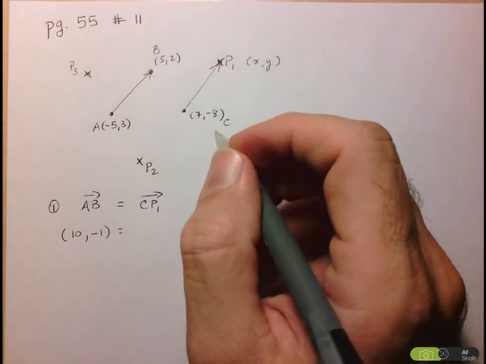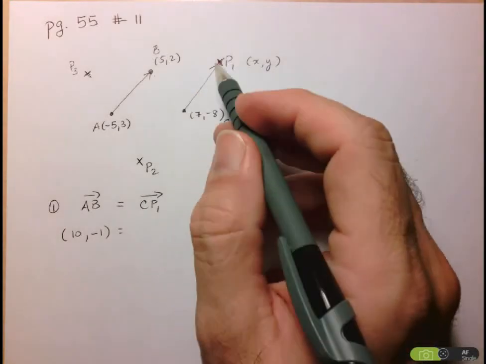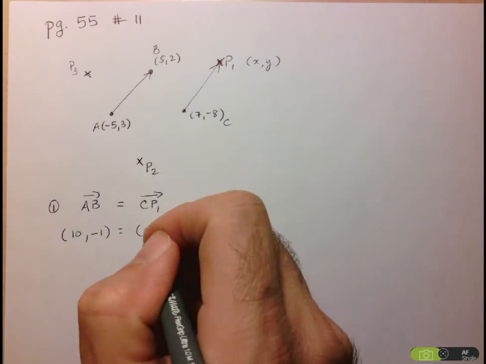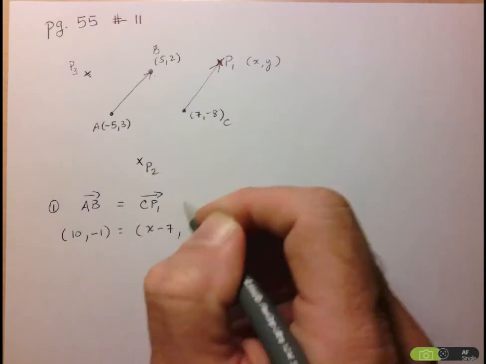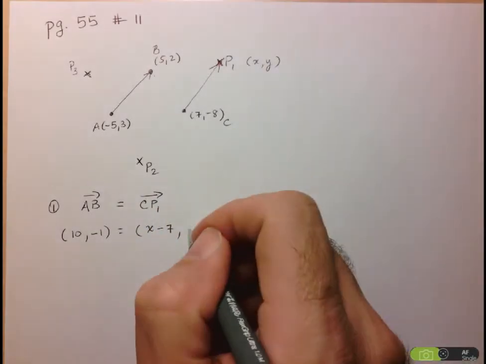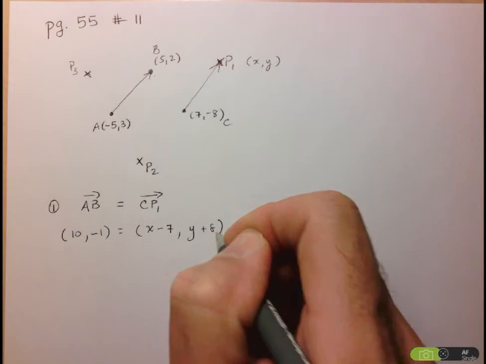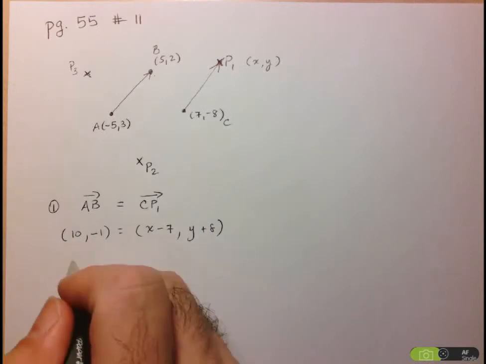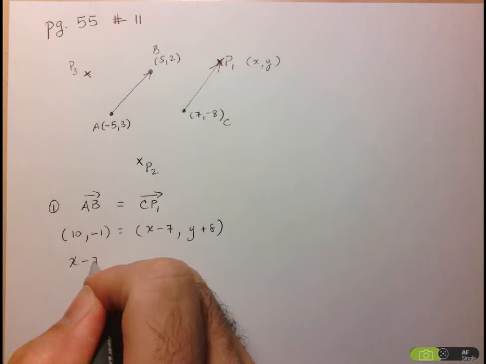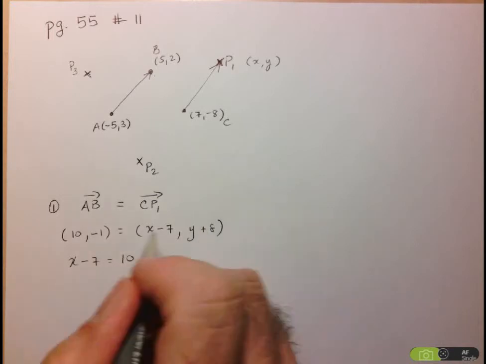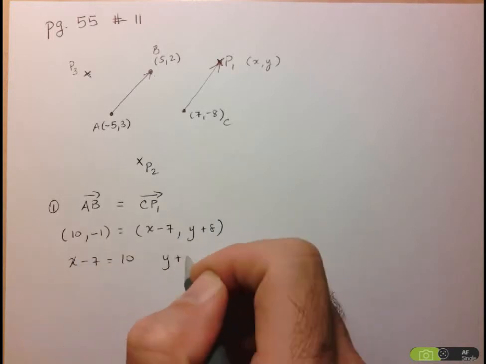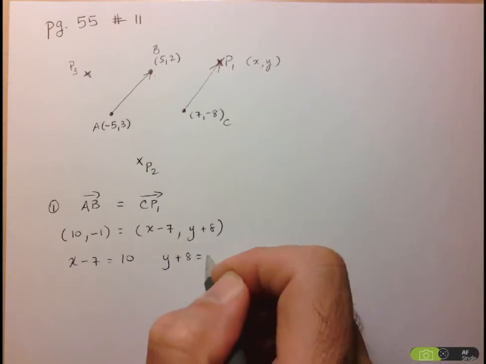And that has to be equal to the vector from C to P1. So it's second minus the first. This gives me x minus 7, and this gives me y minus negative 8, so y plus 8. But since these two vectors have to be equal, I know that the x components have to be equal, so x minus 7 has to be equal to 10, and the y components have to be equal, so y plus 8 has to be equal to negative 1.